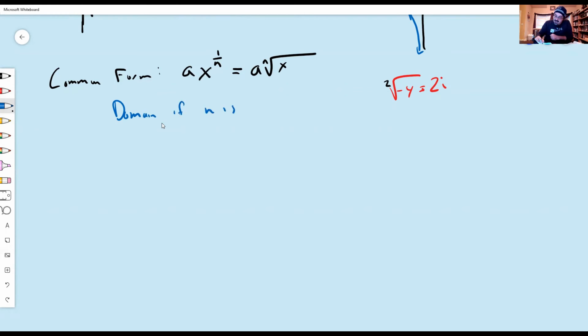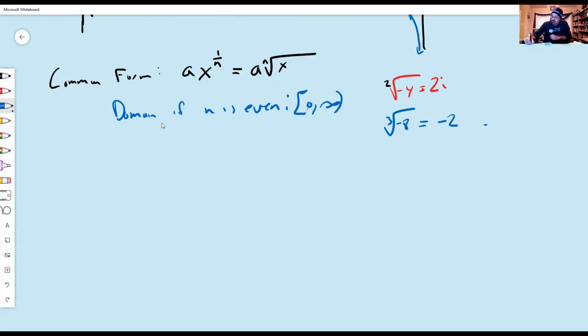If n is even, so anytime n is even, the inside can't be negative, so the domain will be 0 to infinity. But if I do the cube root of -8, one number multiplied by itself 3 times would give me -8. Would -2 work?